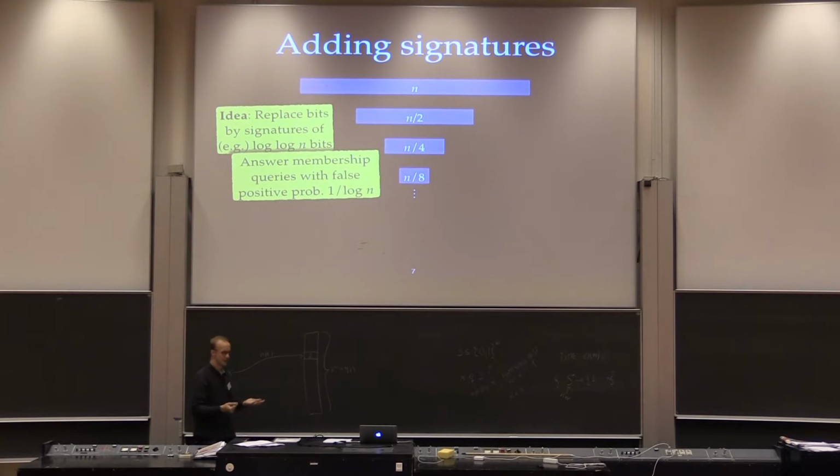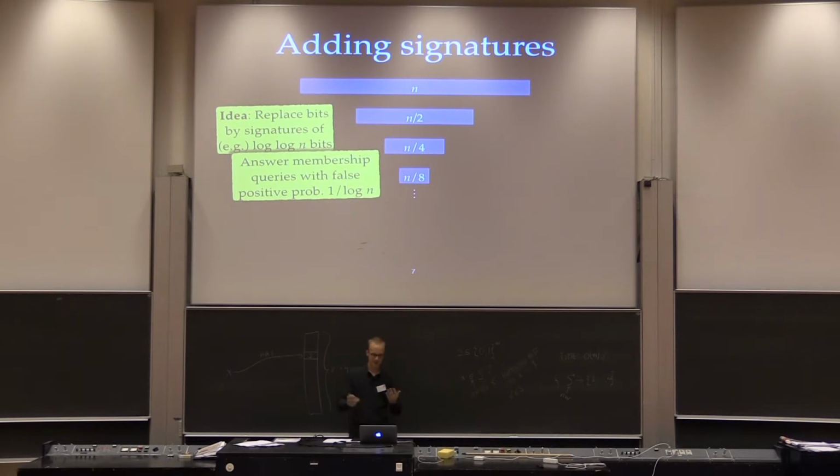But if you check against a signature of log n bits, for example, the probability that you have the same signature as whatever key is stored there is only going to be 1 over log n, unless, of course, you are searching for the key that is stored there. So using basically the same structure, just with signatures, we can get these approximate membership queries with small error probability. The space is going to be bigger than Bloom filters, but the time is going to be constant, independent of the error.